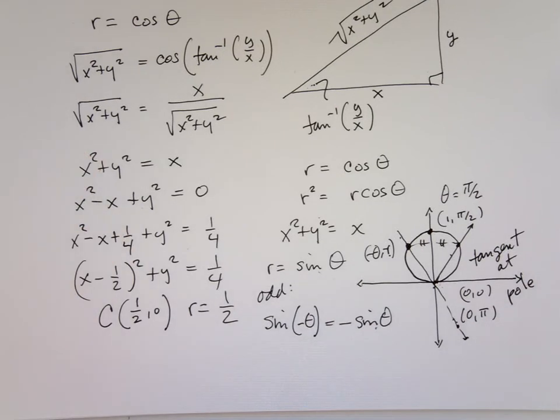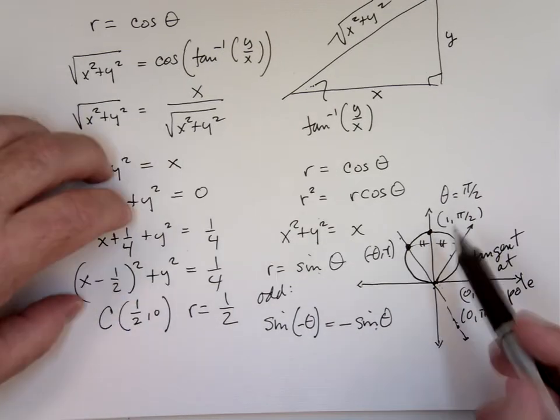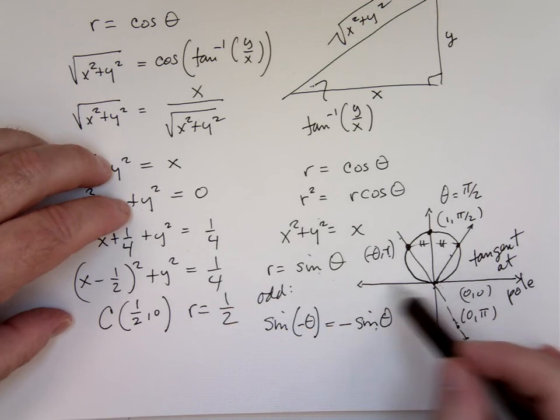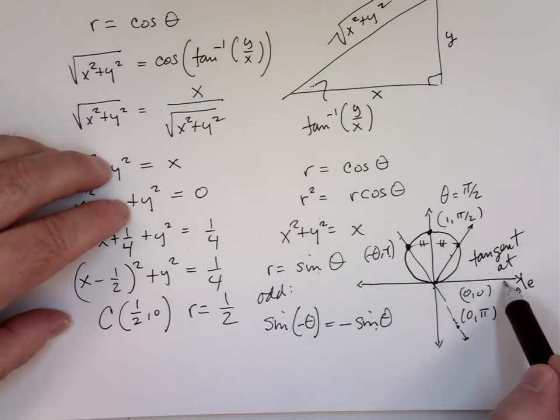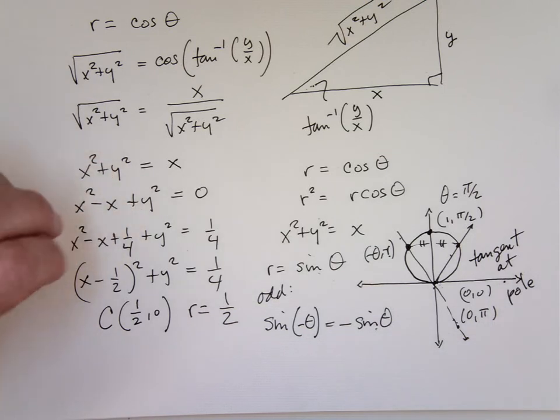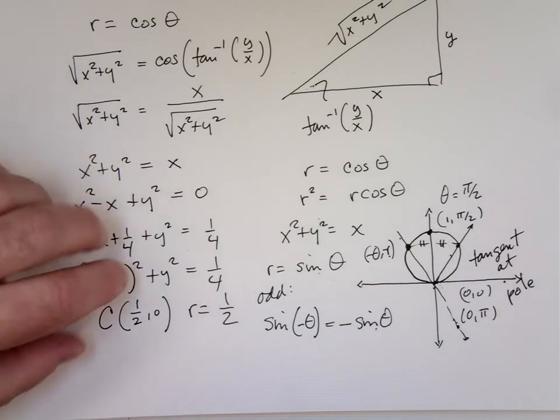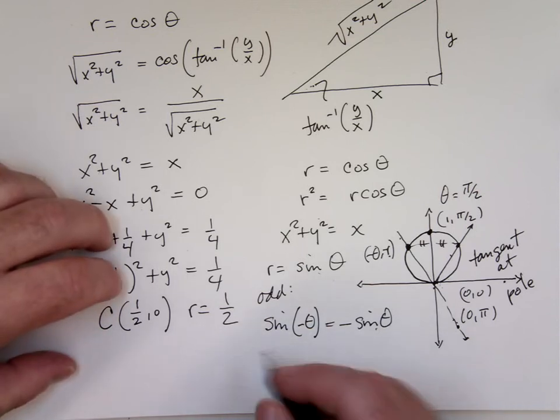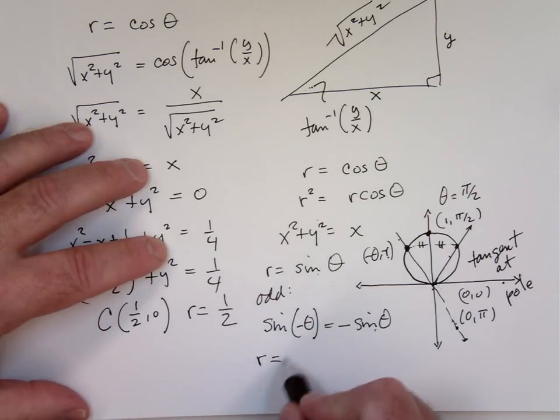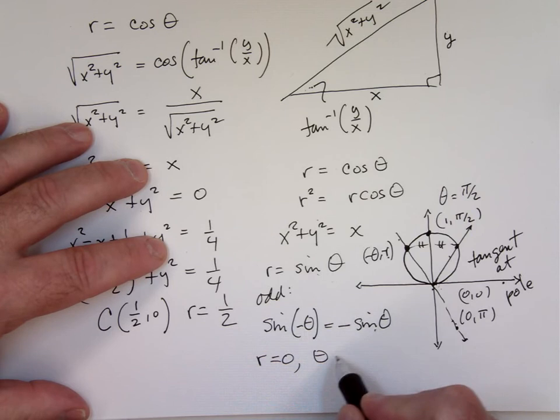This one here, the x-axis itself, the polar axis, is the tangent to this graph at the pole. You get tangents to polar graphs at those theta values where r equals 0. Okay? So when r is equal to 0, that theta is the tangent at the pole.